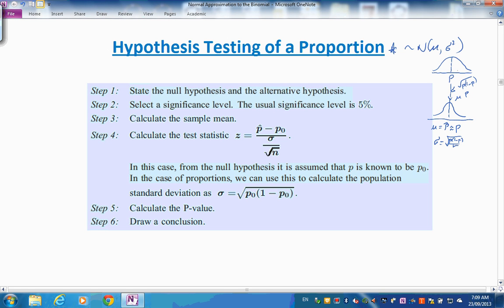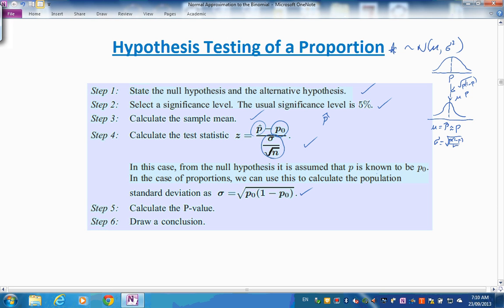So using that notion with the central limit theorem, we can state the null hypothesis and alternative hypothesis, select the significance level, 5%, confidence interval coming up, and calculate the sample mean. Okay, so that's going to be our p hat. Calculate the test statistic, there it is. The z-test is p hat minus p naught, that's the null hypothesis, divided by sigma on root n. And what's sigma? Here it is down here.